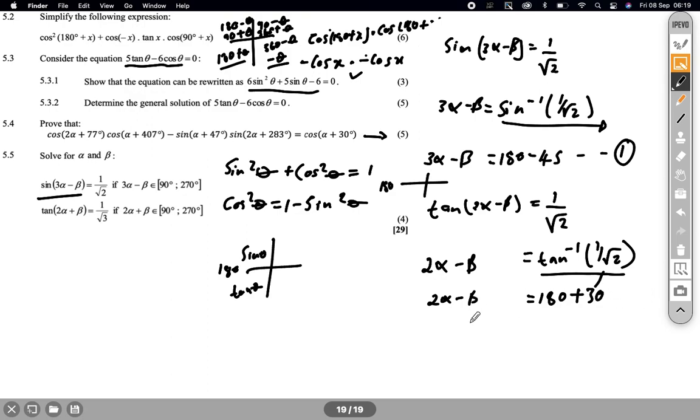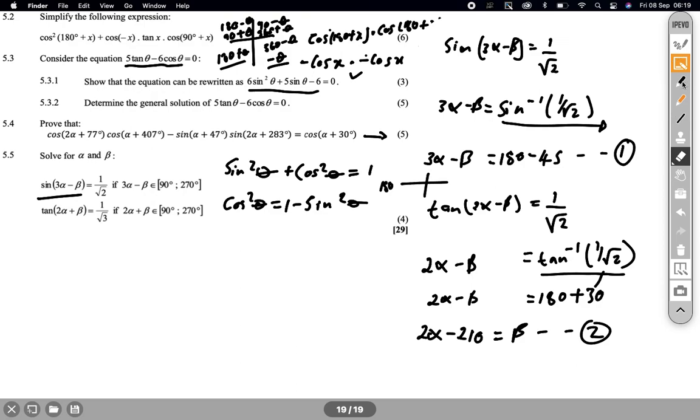Let's make beta the subject of the formula in this one. We're going to say 2 alpha minus 180. Okay, we can add this first before. So 180 plus theta is going to give you 210. So this means this side we can say 2 alpha minus 210 is equal to beta. This is your equation 2. Now we can substitute our equation 2 into 1.